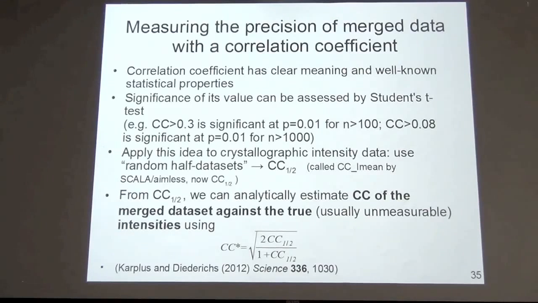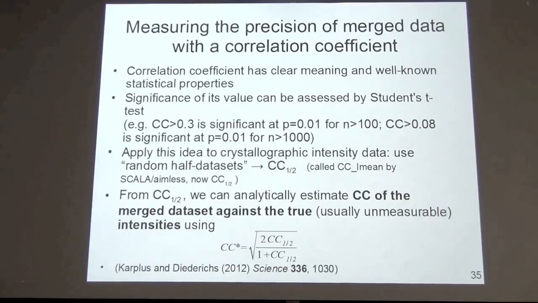For example, we can calculate the significance of a particular value by just looking at the numbers. So, for example, 30% correlation coefficient is statistically significant at the 1% level if there are more than 100 pairs of reflections that go into the calculation. And even a low value of, let's say, 8% is significant at 1% level if there are more than 1,000 reflection pairs. Like in a high-resolution shell, often have more than 1,000 reflections.